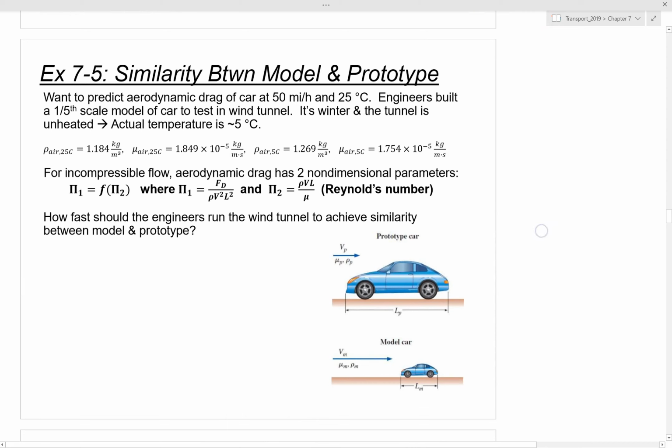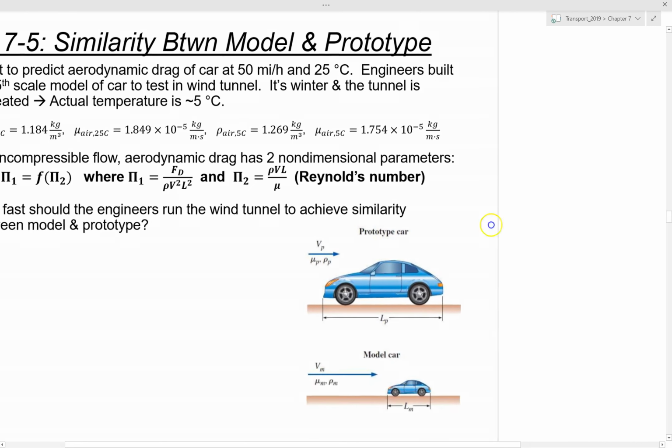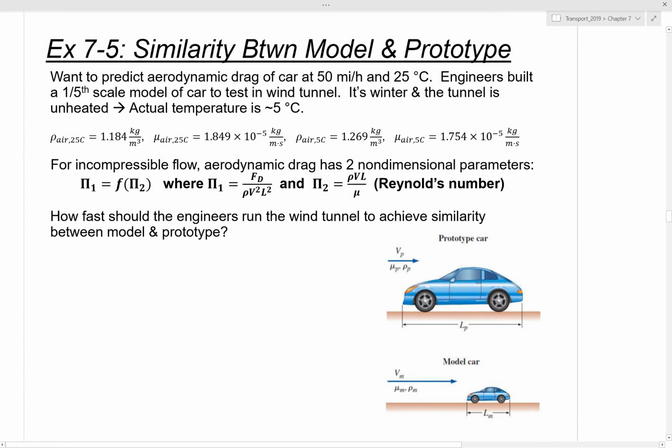Next is a problem. It's from your textbook, right? So we want to predict aerodynamic drag of a car at 50 miles per hour and temperature 25 degrees Celsius.